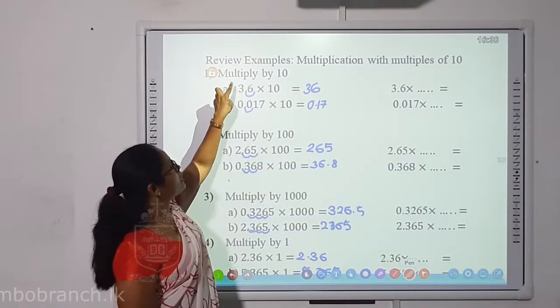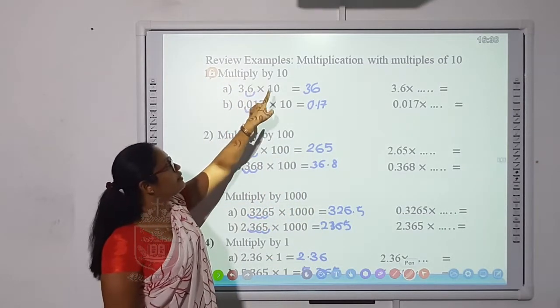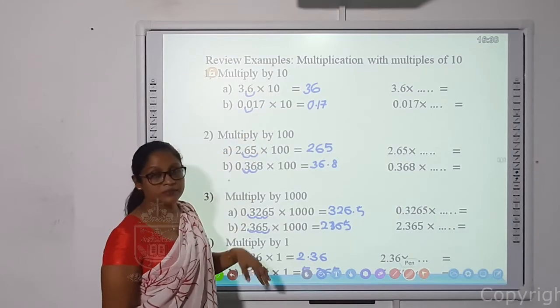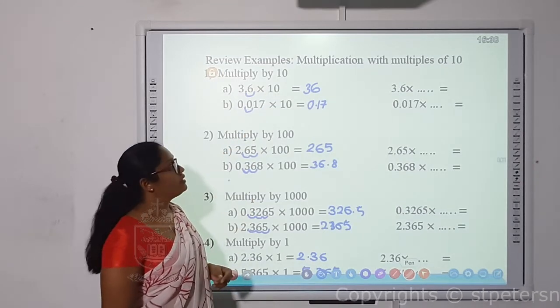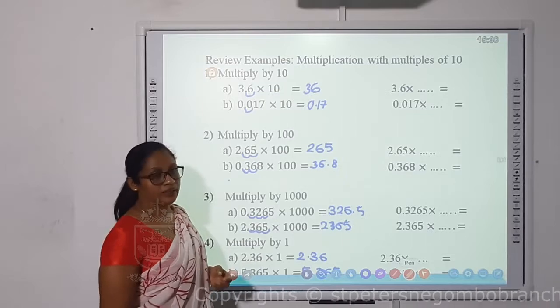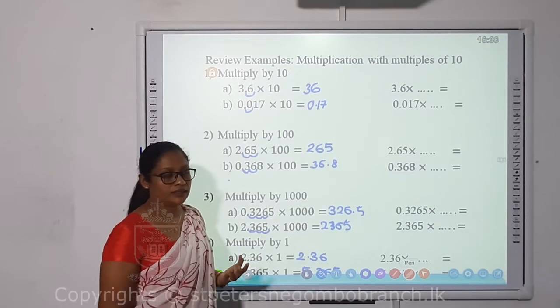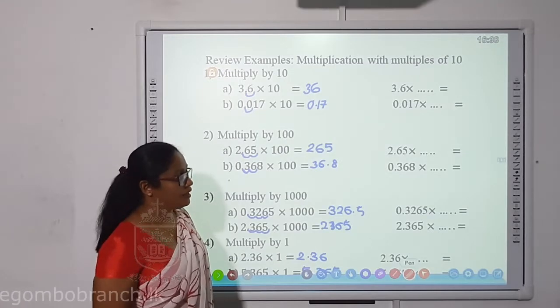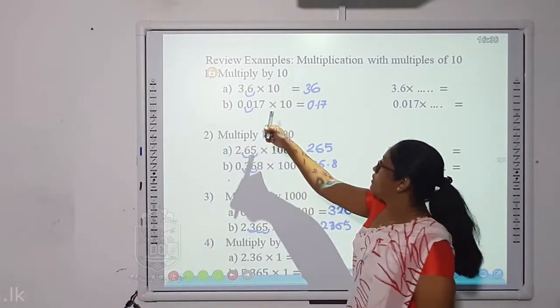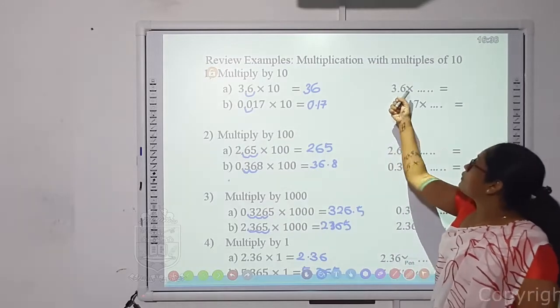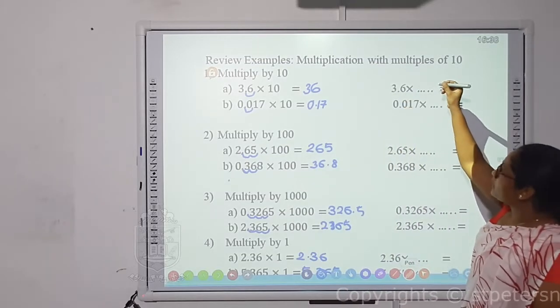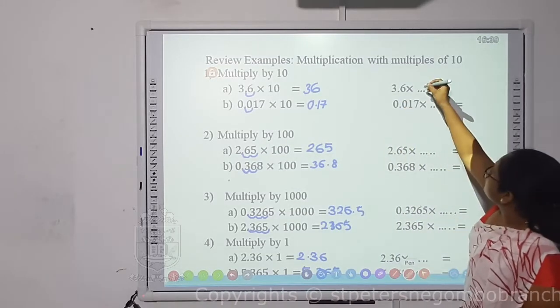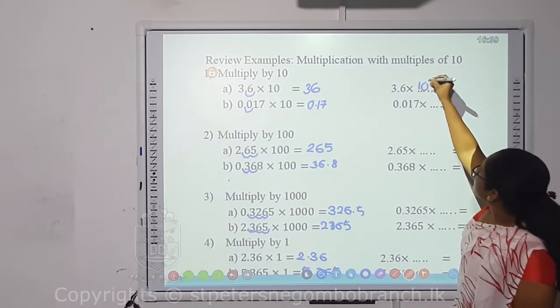Here the first one, multiply by 10, you can see 10 here. As per the summary I explained earlier, 10 can be written as 10 to the power 1. I am moving step by step to the lesson on scientific notation. Therefore, I write the same question, 3.6 times, instead of 10, 10 to the power 1.